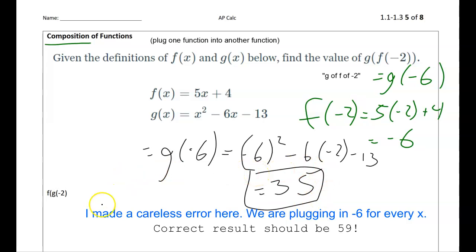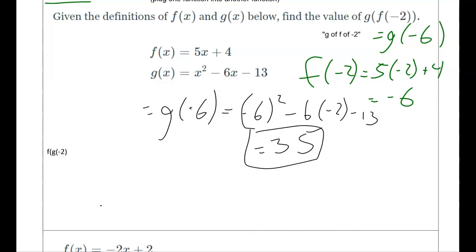And then the point I want to make here is just the order matters, right? So g of negative 2, notice this is now backwards. It's the opposite of what I gave you up here. So we'd read this as f of g of negative 2. That means we take g of negative 2 first, which is what I get when I plug negative 2 into g: negative 2 squared is 4, plus 12 is 16, minus 13 is 3.